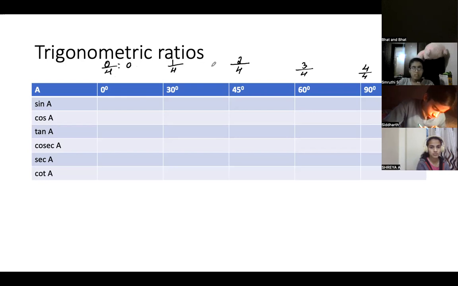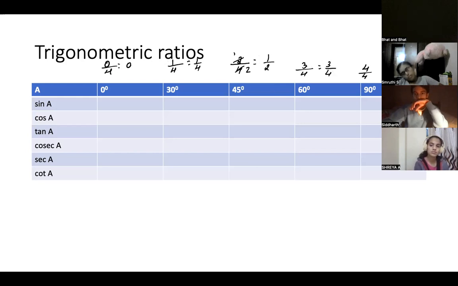First understand, Siddharth, then I'll give you time to write. 1 by 4 will be 1 by 4 only. 2 by 4 will become 1 by 2, since 2 ones are 2, 2 twos are 4. 3 by 4 is 3 by 4 only. And 4 by 4 will become 1. Correct?